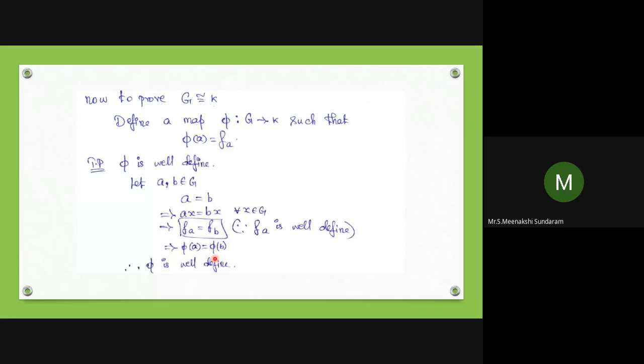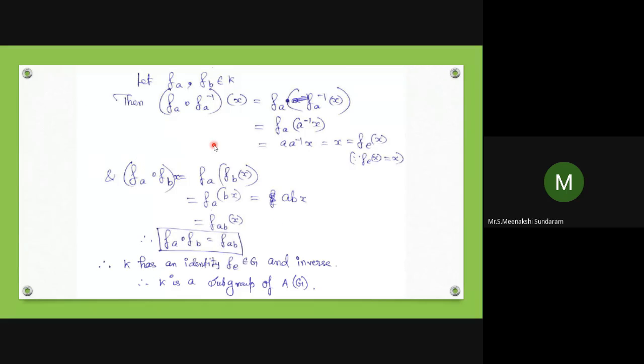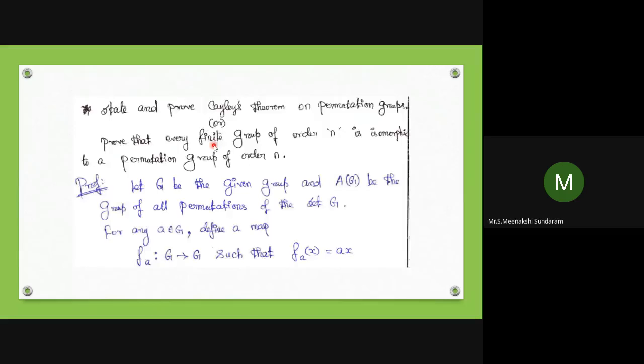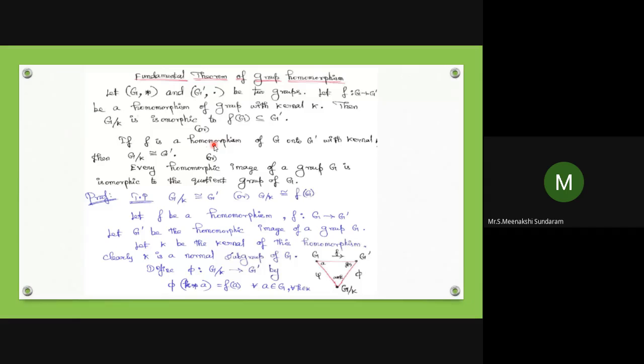Up to this, if anybody has a doubt, you can try to clarify it. Cayley's theorem and the fundamental theorem of homomorphism. If anybody has a doubt, you can try to clarify it.